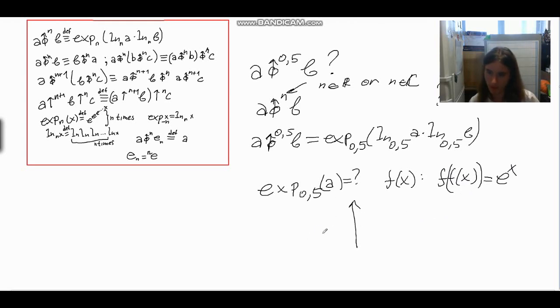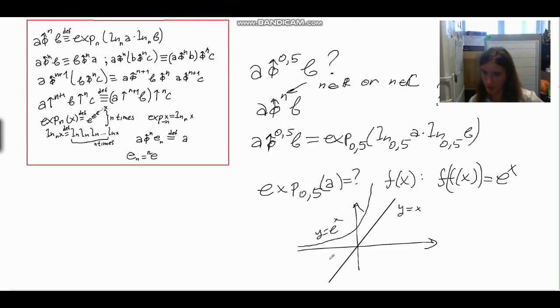I think it would be the function between the line y equal to x and exponent curve. This curve. Graph will look like this. Maybe.